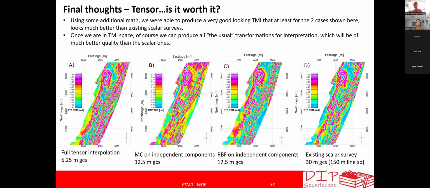And the difference becomes astounding, because this is the tilt derivative that I computed using the full tensor interpolated grid that I used to generate my total field. This is the one with minimum curvature on components. This is RBF, and this was the existing scalar. So if you compare the full tensor interpolated versus this scalar, there is quite the difference.